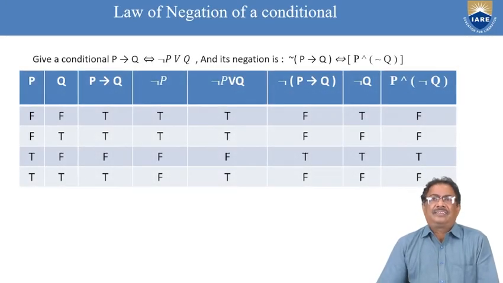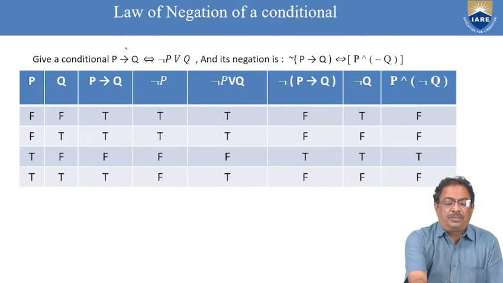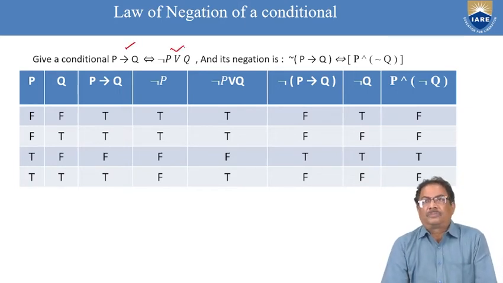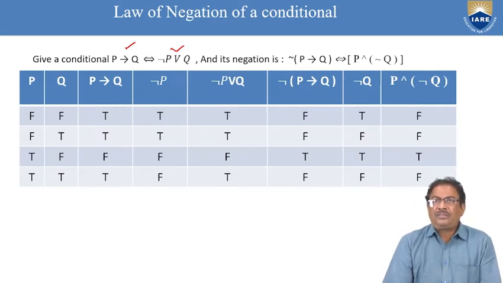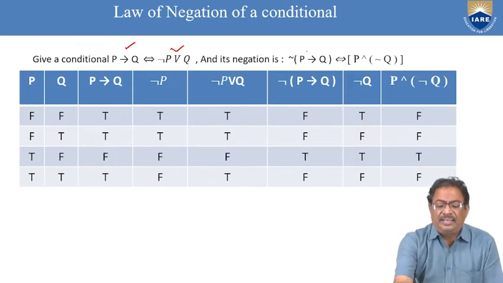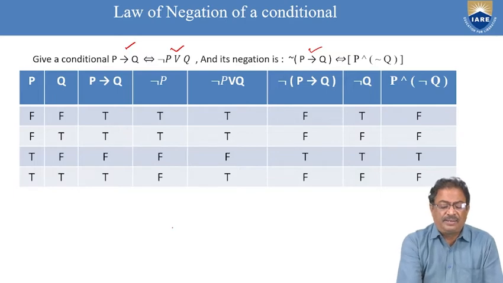Now let us consider a truth table. We say that the conditional if P then Q is equivalent to negation of P or Q. So both are equivalent. Then we consider the negation of this conditional, which is negation of (negation of P or Q).